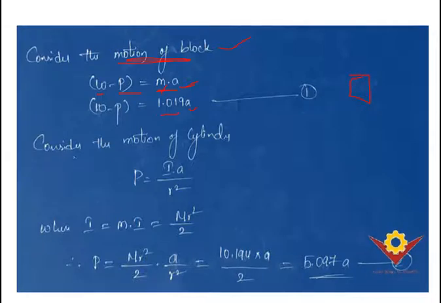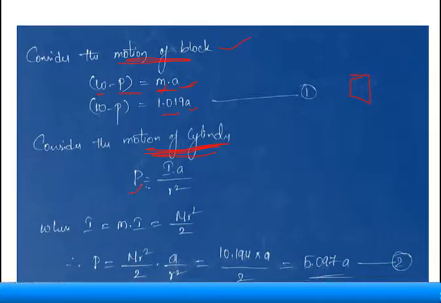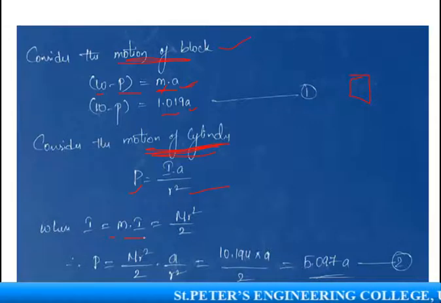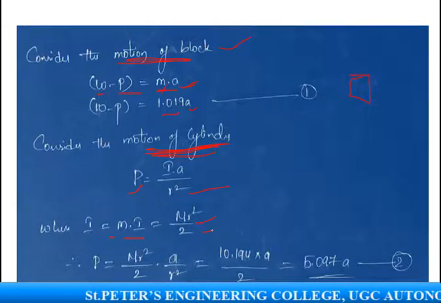And next, consider the motion of the cylinder. For the motion of the cylinder, we have the equation P equals I a divided by r square, where I is the moment of inertia, which is m r square by 2.